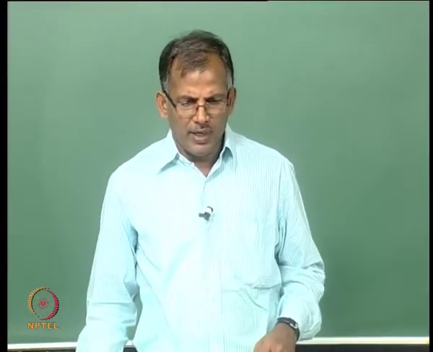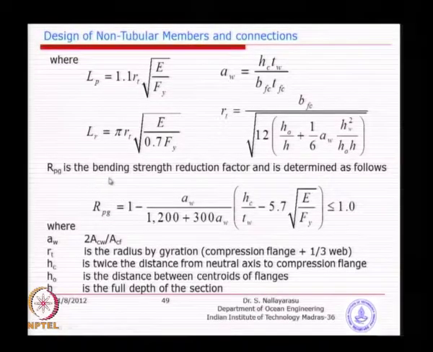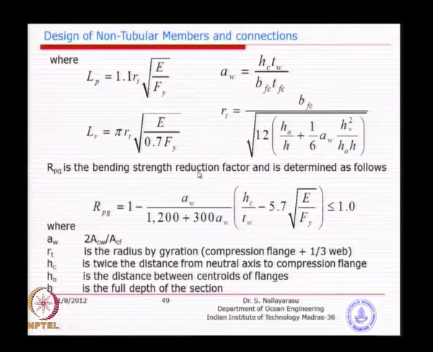And then the values of LP and LR are repeated again, and the parameter for reducing the bending strength because the web is slender takes this kind of form. So, what is this parameter? Basically this parameter is to account for the slender web of the girder, which is why it is the PG. Most of the time this is applicable for plate girders.